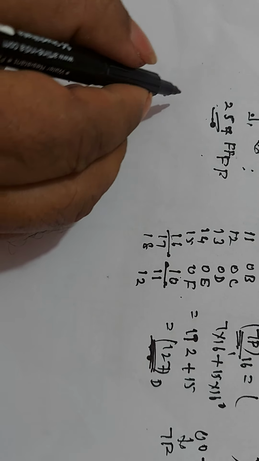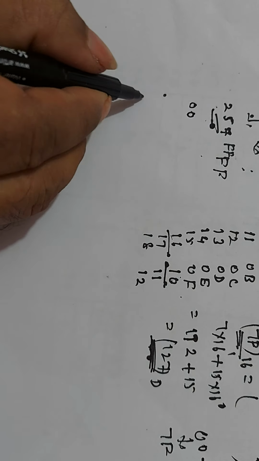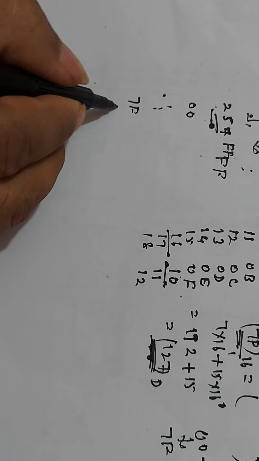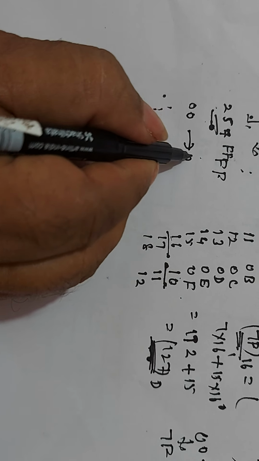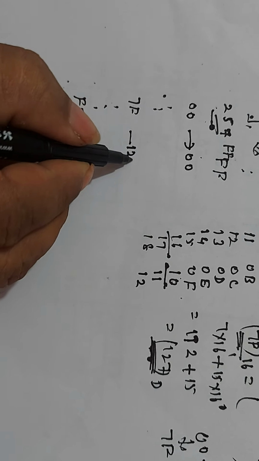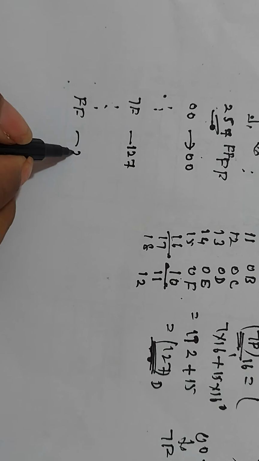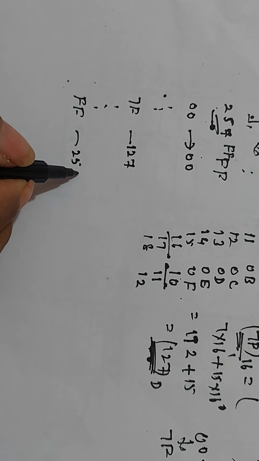So if you have a byte, the byte can have a value from 00 up to 7F, which is 127, and the maximum is FF, which is 255.